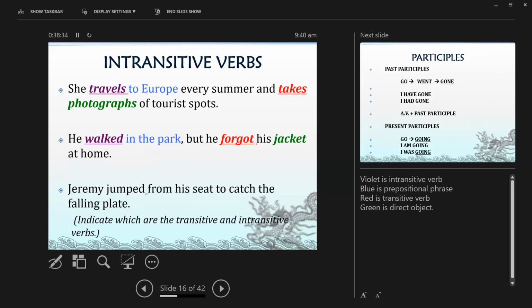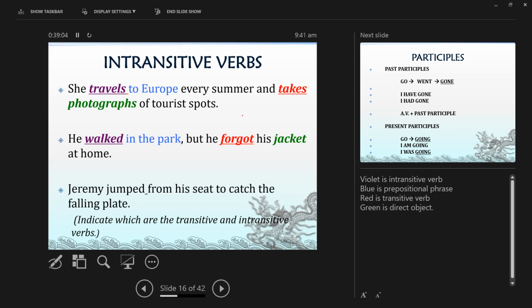Example sentences. She travels to Europe every summer and takes photographs of tourist spots. She travels to Europe. It didn't require a recipient, okay? Because it's just she travels to Europe. Okay? It means she goes. It's an ongoing action every summer, okay?